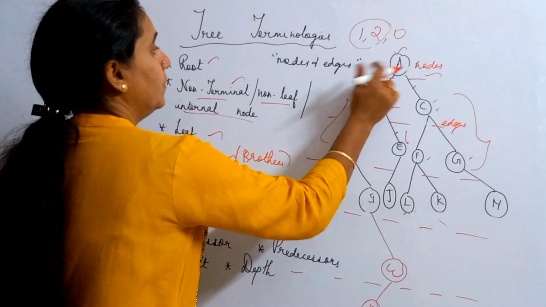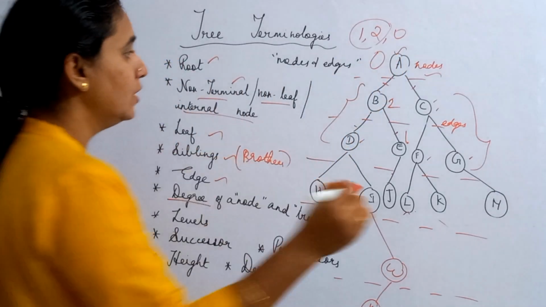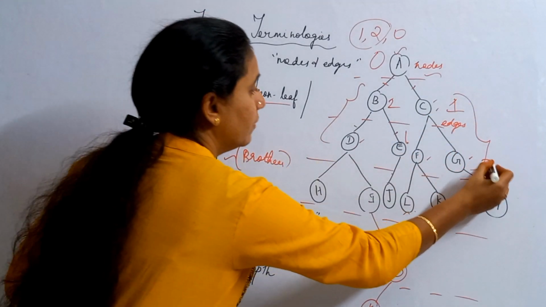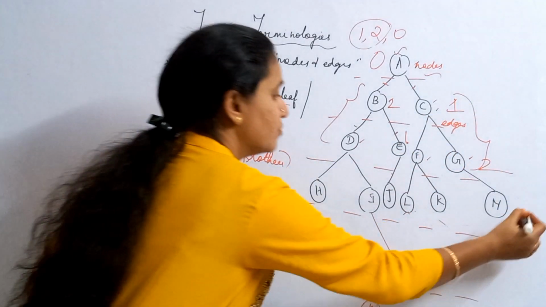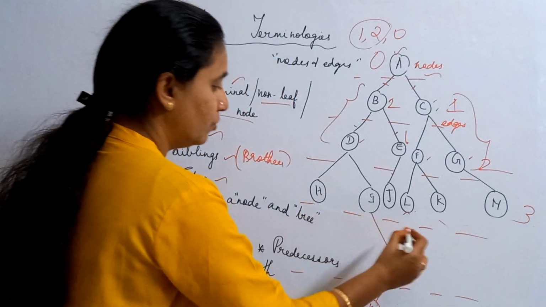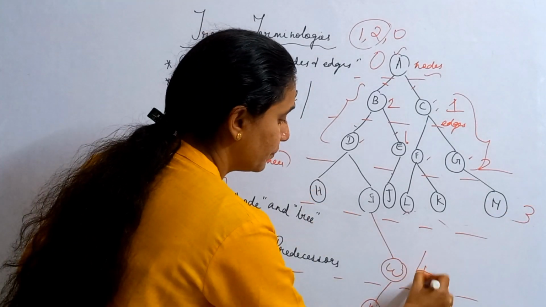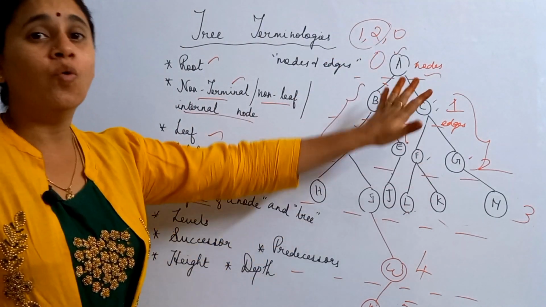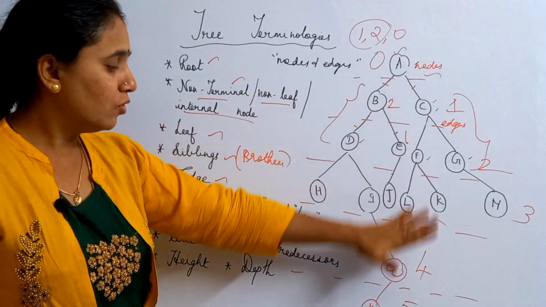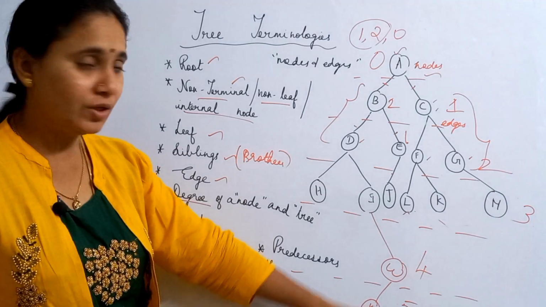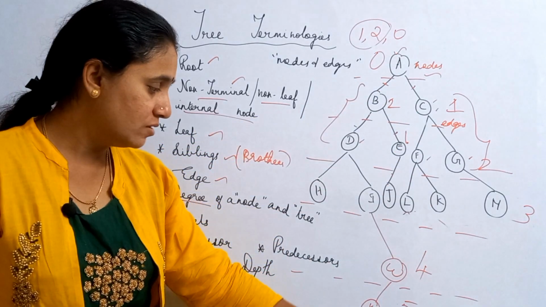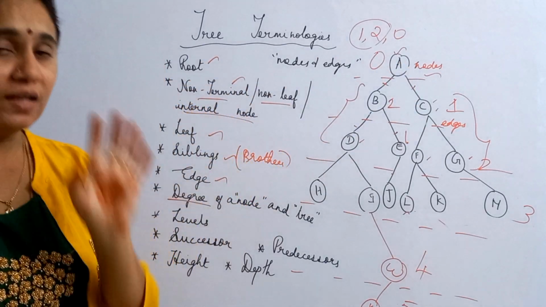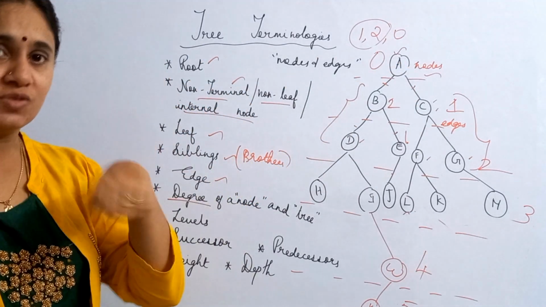This is going to be level 0 and this will be level 1. This is going to be level 2, this will be level 3. Next you see level 4 and this is level 5. Can you understand? So for this tree, the total number of levels present is 5 because we are starting from 0. Keep that in mind: level has to be calculated from 0.